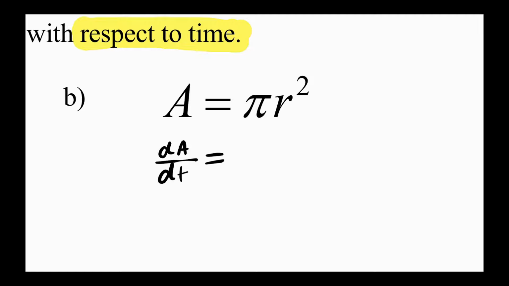So move the 2 to the front with the pi, so it's 2 pi r. And then what else needs to happen? dr dt, because anytime you find a derivative of a variable, you have to put a tag with it in this case, because everything is with respect to time.